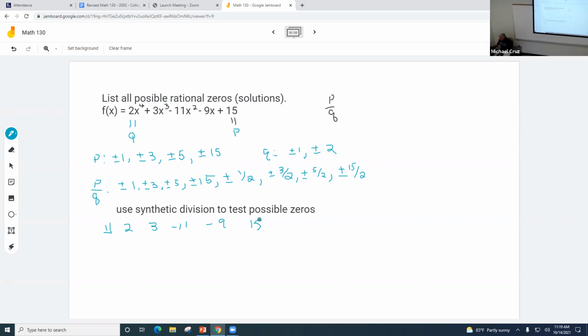So let me test these. We looked at a slide where they did it, and it took them about 4 tries to find one. So let's see. Bring down the 2. 1 times 2 is 2. That gives us 5. The good thing about this is that it's fast.